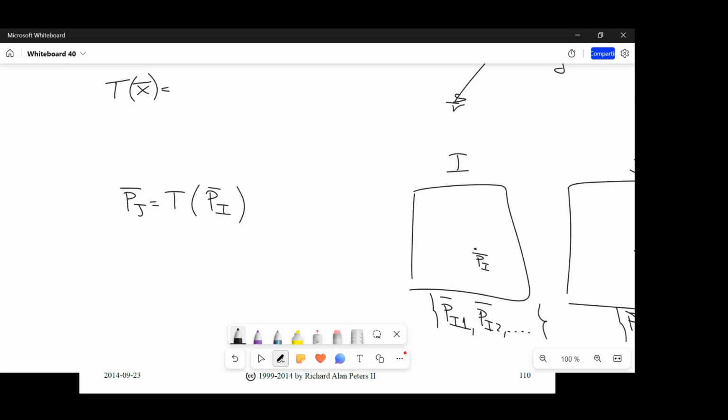T is linear if and only if T(a x1 + b x2) = a T(x1) + b T(x2). This is the condition for linearity.